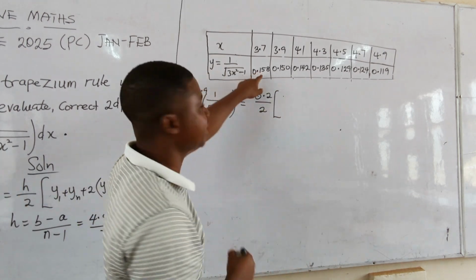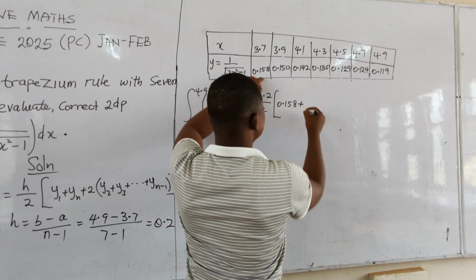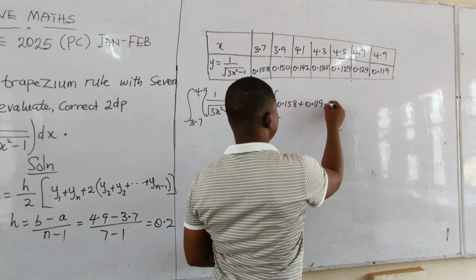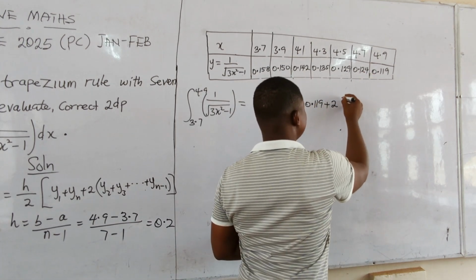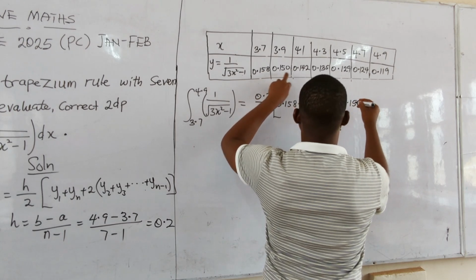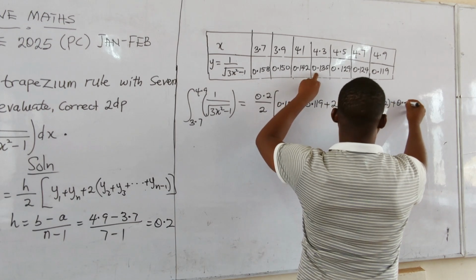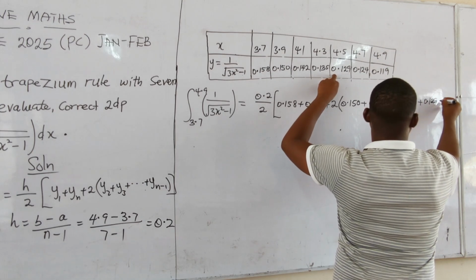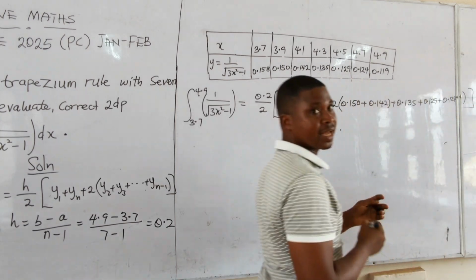Then our y1 is the first one, 0.158, plus our yn, the last one, 0.119, plus 2 times the rest: 0.150 plus 0.142 plus 0.135 plus 0.129 plus 0.124. You realize that it ends there.